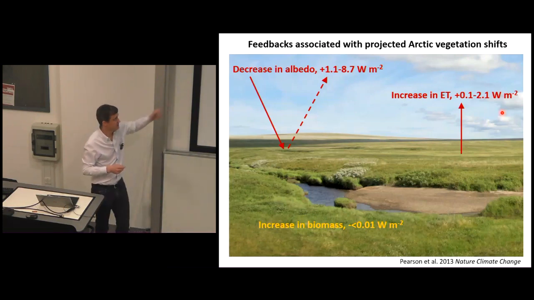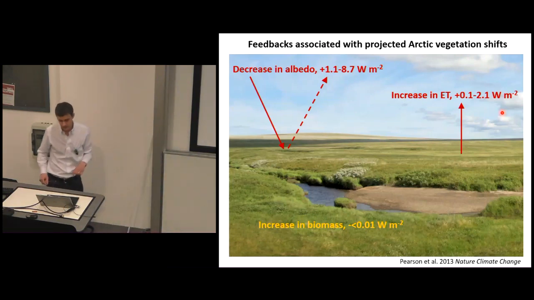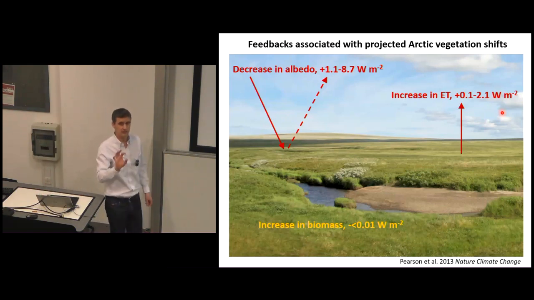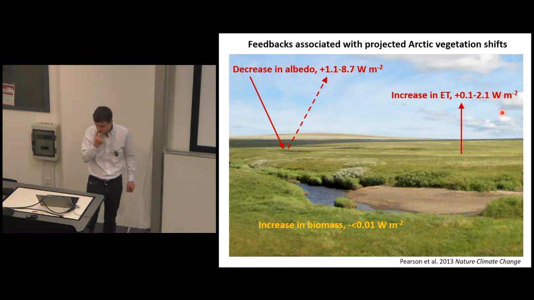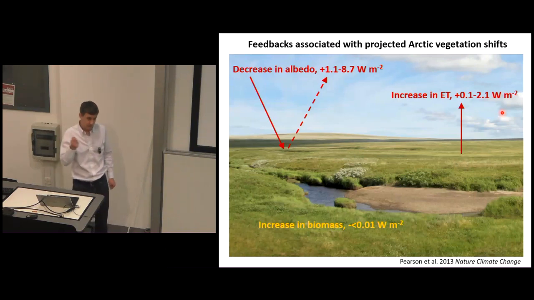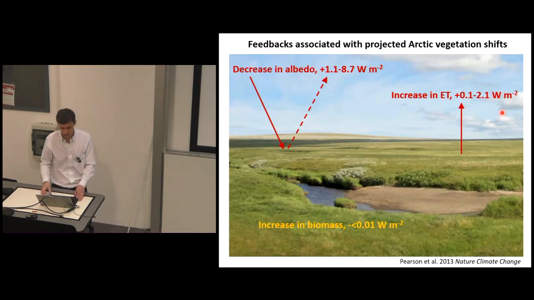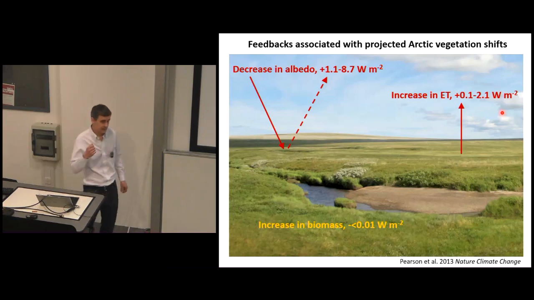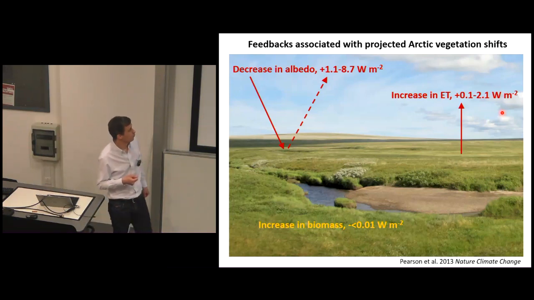So we have these contrasting feedbacks, and what we were basically able to do in this study was to quantify which are the dominant feedbacks here. And the overarching message was that the distribution shifts that we're predicting will result in an overall positive feedback that's likely to accelerate warming, at least in this part of the world.